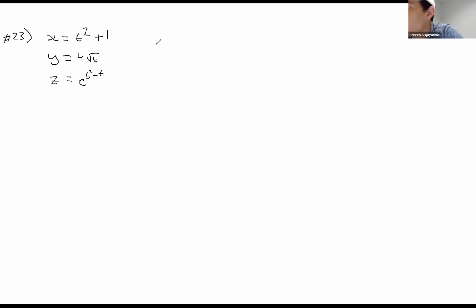And they gave us a point, let's say the point (2, 4, 1). The question is asking us to find parametric equations for the tangent line to the curve with the given parametric equations at the specified point.